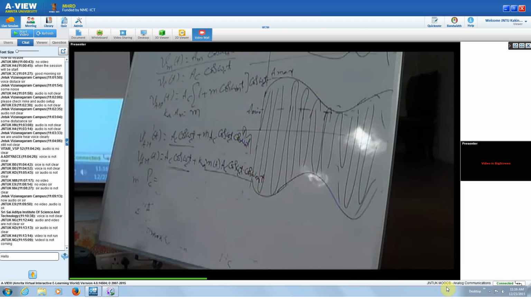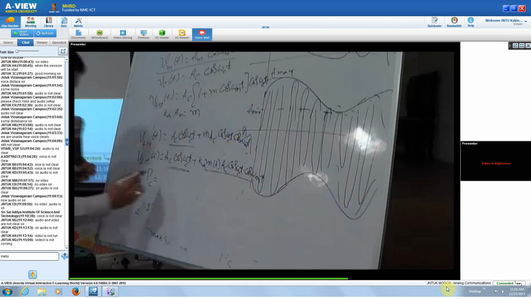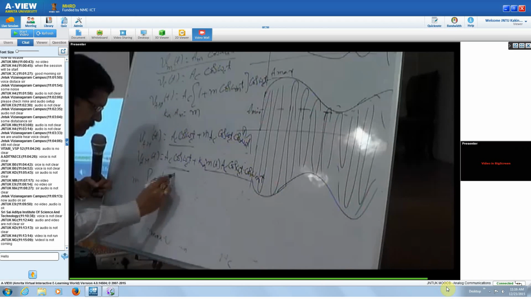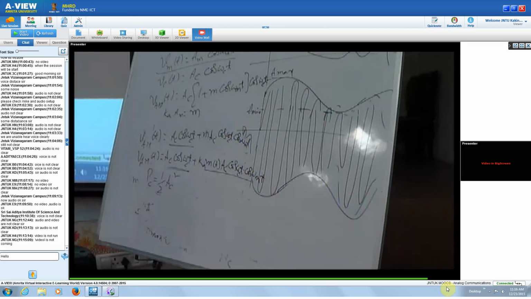This you already calculated in signals and systems. The power of A_C cos omega_C t is going to be 1 by 2 A_C square, half of the magnitude square of our sinusoidal signal.